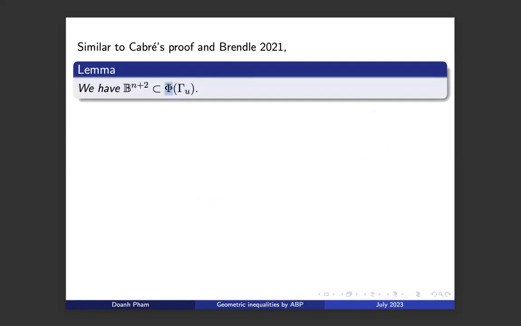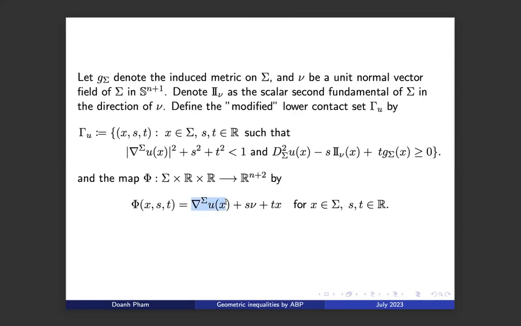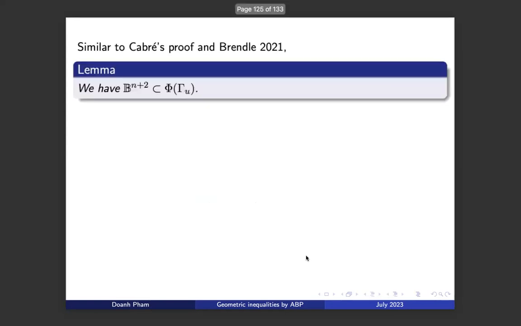Instead of just gradient of u on gamma u like in the proof of Cabré, here we need to accommodate some curvature. So what is phi? Phi is gradient of u plus s nu plus t x.